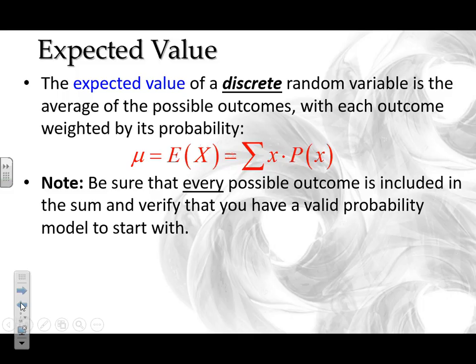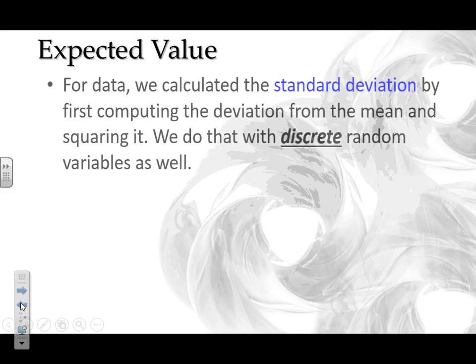So make sure your sample space adds up to 1. Make sure every probability adds up to 1. Make sure every probability is between 0 and 1. So make sure everything looks good first before you start doing all this extra work of calculating expected value. Because if you're missing anything, you're going to be getting incorrect values. Okay? So always double check your probability distribution.